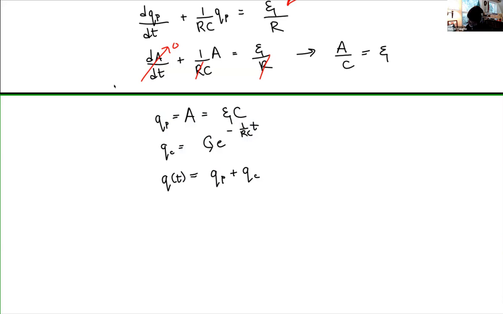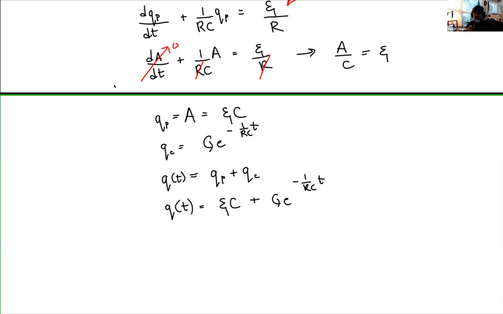So when we write it as the sum of those, here is our particular solution. Here is our complementary solution. And the only thing we have left to do now is determine that constant of integration G.